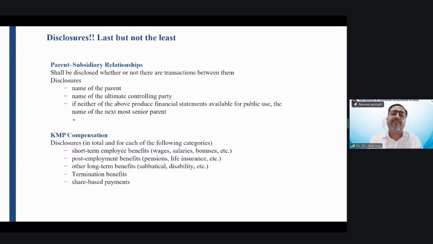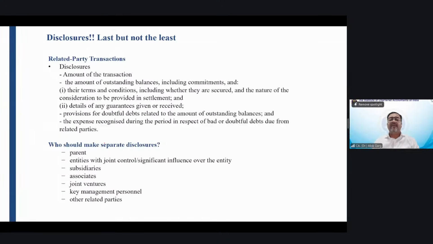For the KMP compensation, what is the disclosure requirement? Short-term employee benefit, post-employment benefit, other long-term employment benefit, termination benefits, and share-based payment. The KMP compensation has to be bifurcated into 5 parts for the purpose of disclosure. And what is going to be disclosed in the related party transaction?